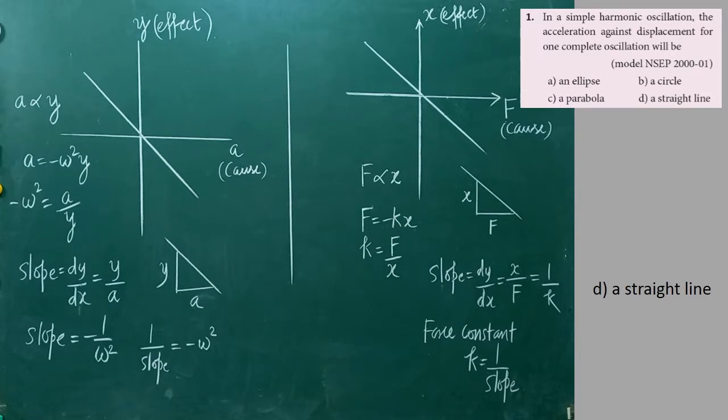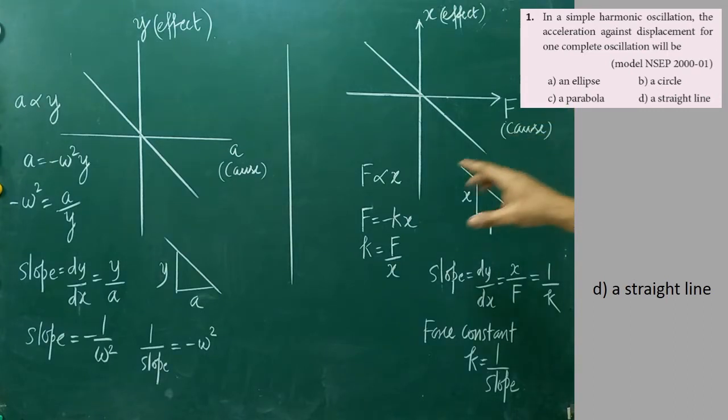Okay. So here, before going to see the relationship between acceleration and displacement, in the textbook itself, on page number 191, one graph is given. Here the graph is drawn between the restoring force and which one? The displacement. Here force is taken as F and displacement is taken as x.